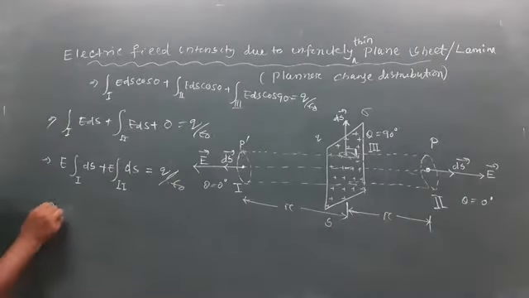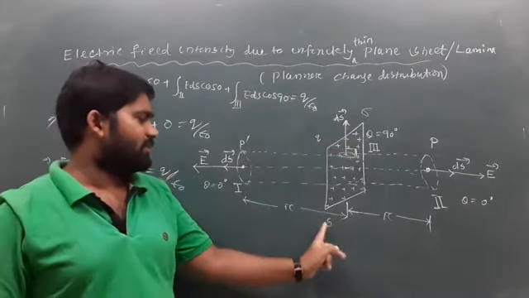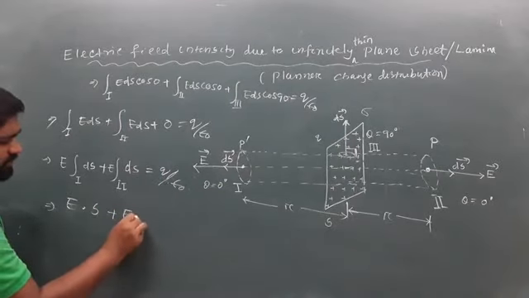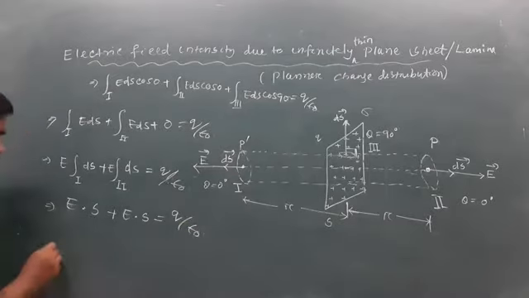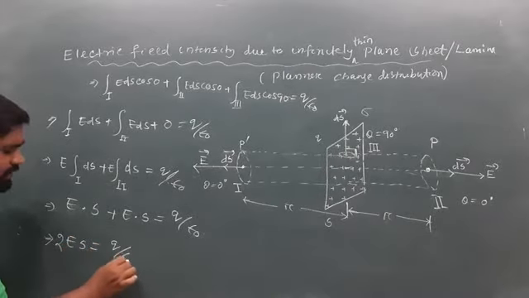So what is the integration of ds? That is the area, the plane sheet has area S, so E S plus E S equals Q by epsilon 0. So that implies 2ES equals Q by epsilon 0.